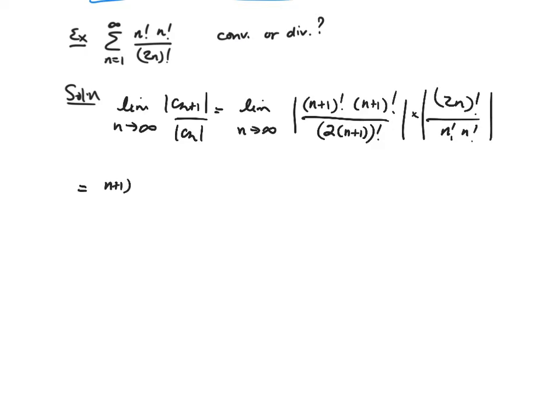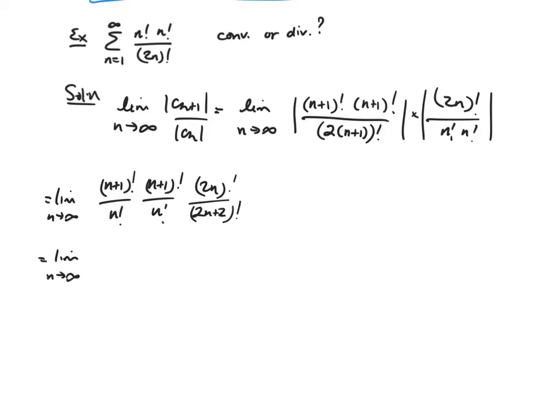I have (n+1) factorial over n factorial, and I have that again. And then I have 2n factorial over (2n+2) factorial. I forgot my limit notation, so let's chuck that in: limit as n goes to infinity.